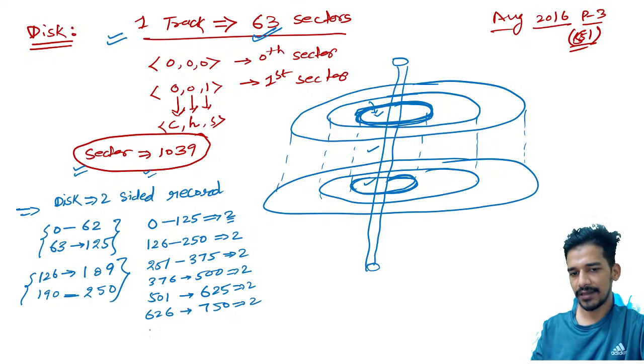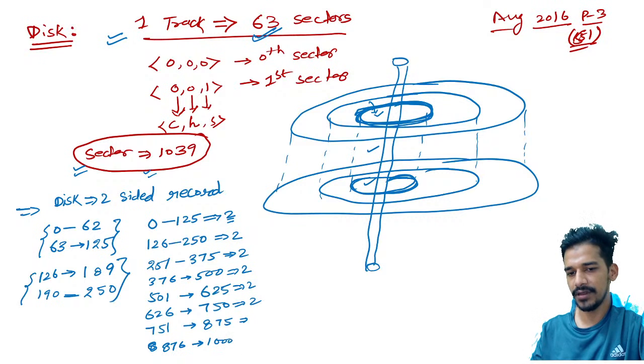Sector numbers 751 to 875 will be on the next surface. Then 876 to 1000 will be on one other surface.